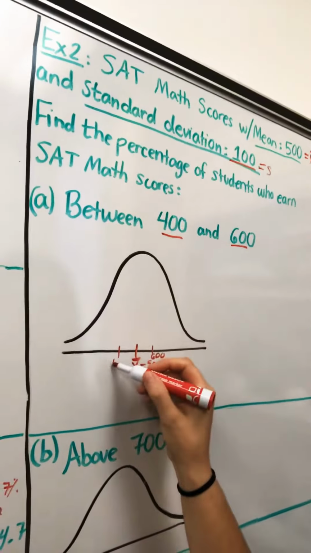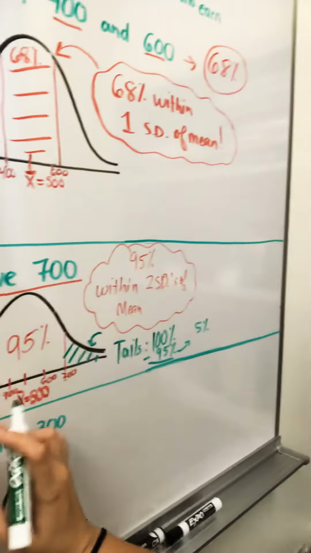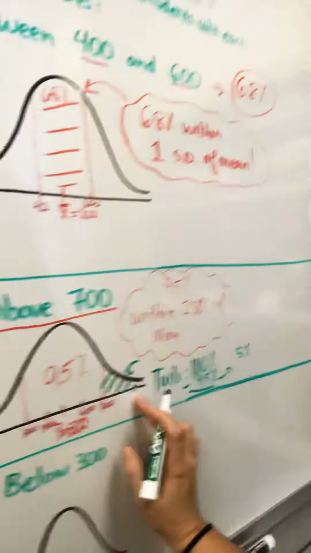So for the tails here, the tails together, you'd take 100% minus 95%, which is 5%. Now that's the total in both tails, right? But we need to only look at the tail to the right because we only wanted above 700. So if you cut that into 2 to divide evenly, we would have 2.5%, wouldn't we?